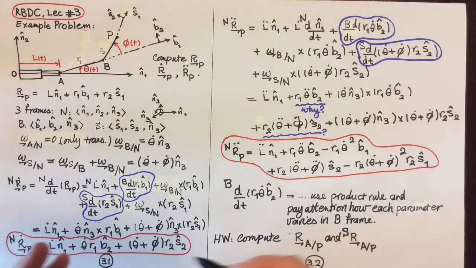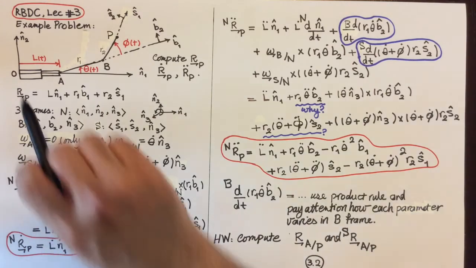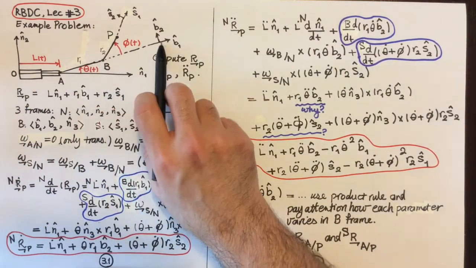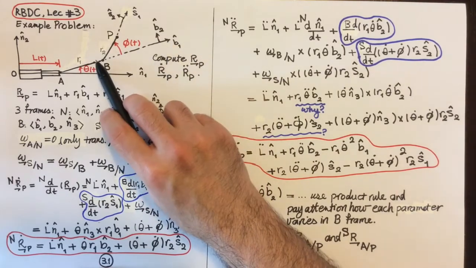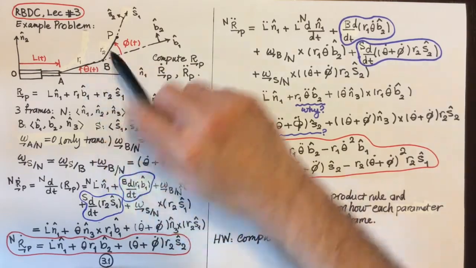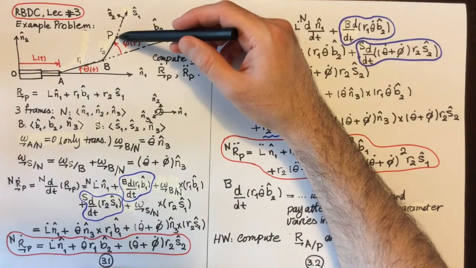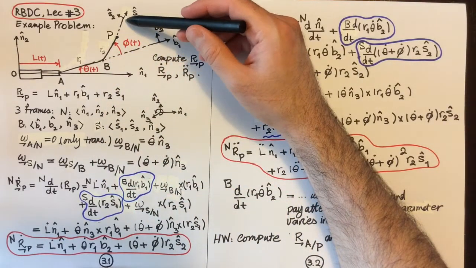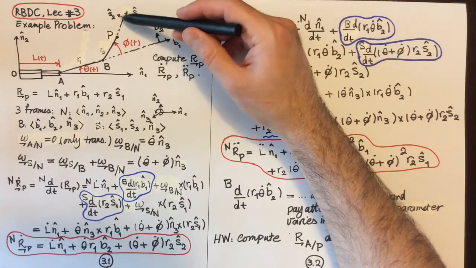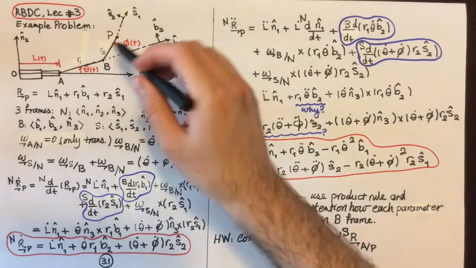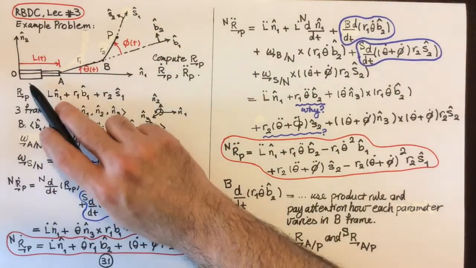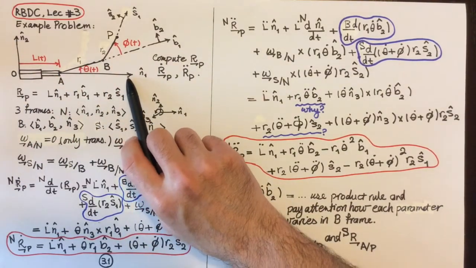But I'm going to use 3 frames: an initial frame N, a frame attached to the point B, which I'm going to show here because otherwise it won't be clear, and then a frame attached to the point P. I'm going to call this frame S. Again, I'm going to show it here because otherwise the picture would be messy. So we have this initial frame.